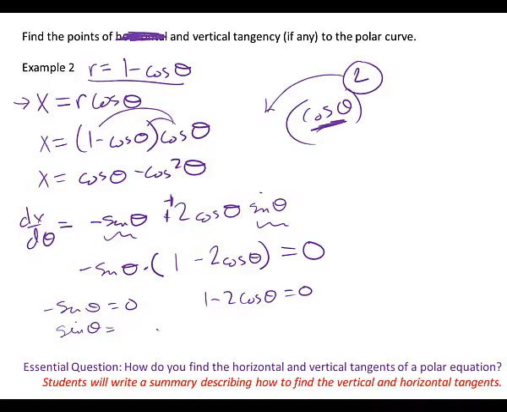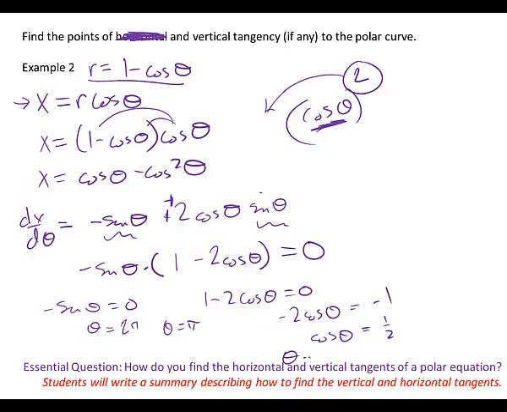Alright, so what 2 places does sine of theta equal 0? 2 pi and pi. Okay, let's go with 2 pi and pi. And then over here, I've got negative 2 cosine theta equals negative 1, and cosine theta equals 1/2.